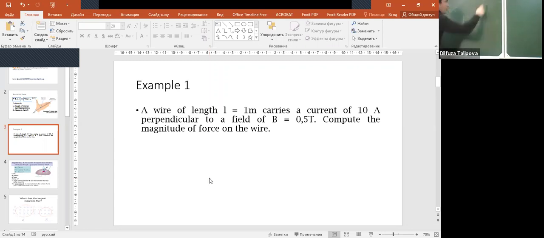So force F is equal to 0.5 Tesla multiplied by 1 meter multiplied by 10 amps multiplied by sine 90 degrees. So 0.5 multiplied by 1 is 0.5, multiplied by 10 is 5, multiplied by 1 is 5. So we have 5 newtons. Okay, understand?